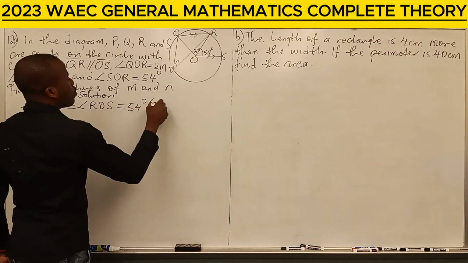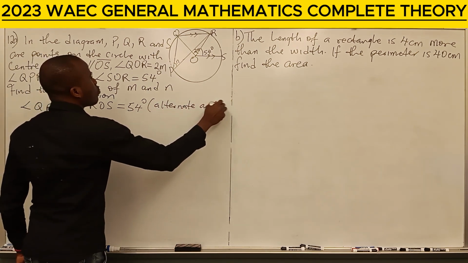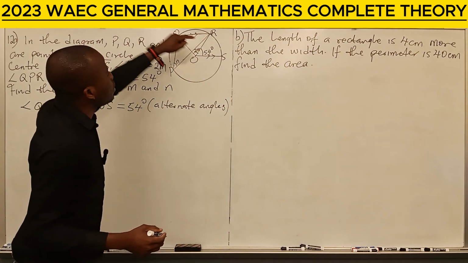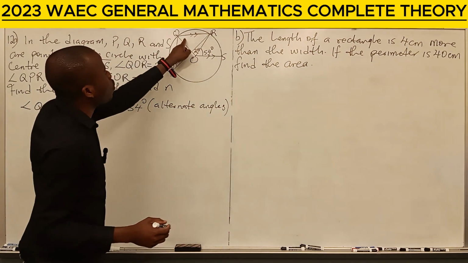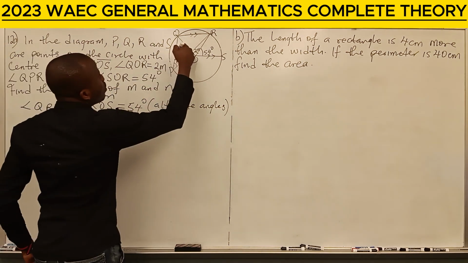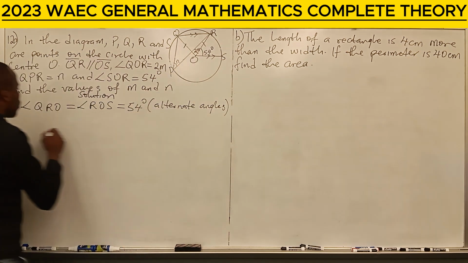And since here is 54 degrees, angle OQR is also 54 degrees. The reason is isosceles triangle, because these are touching the center, so they are radii and they are equal.